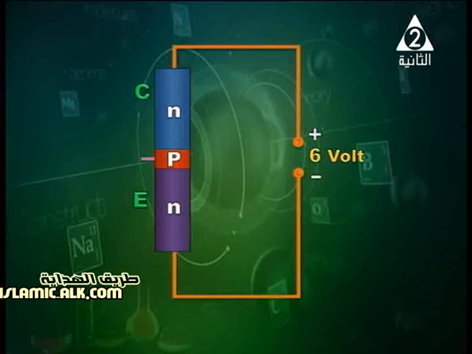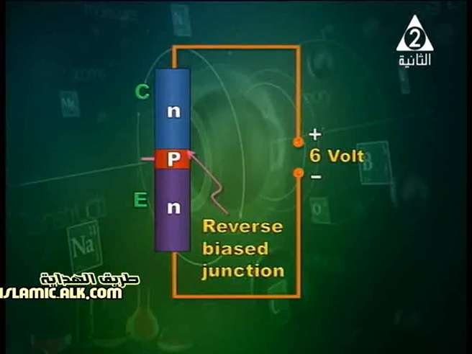So no current passes through the transistor in this case. Why? Because the base-collector is reverse biased.